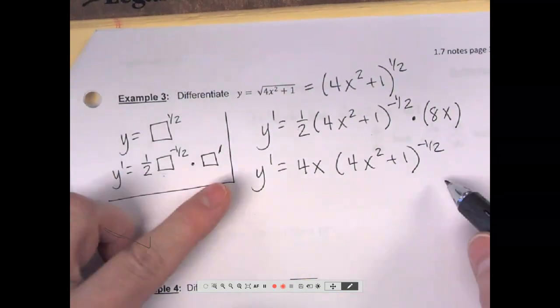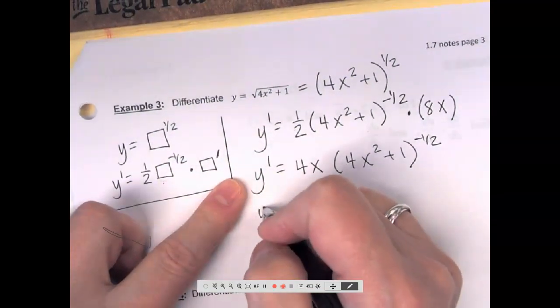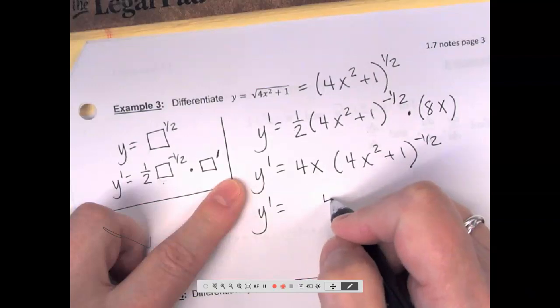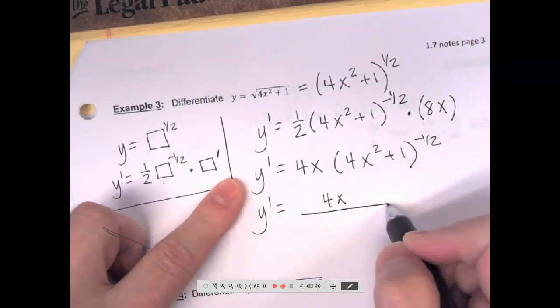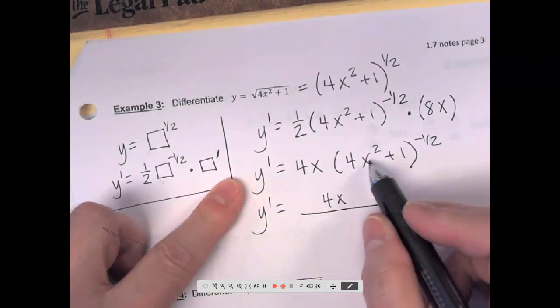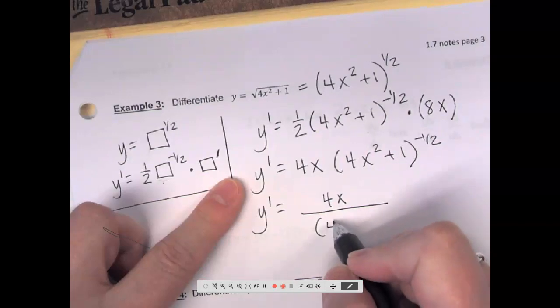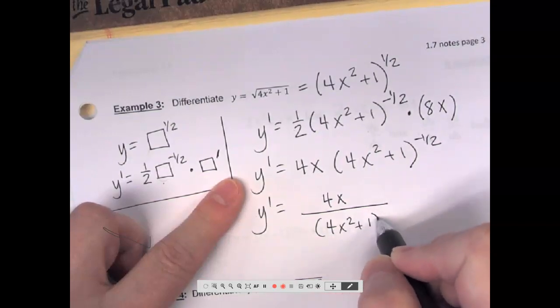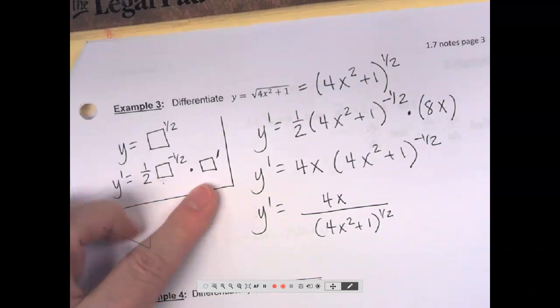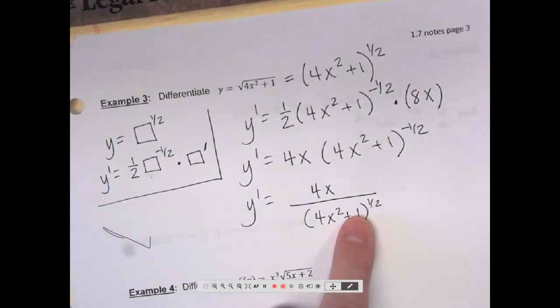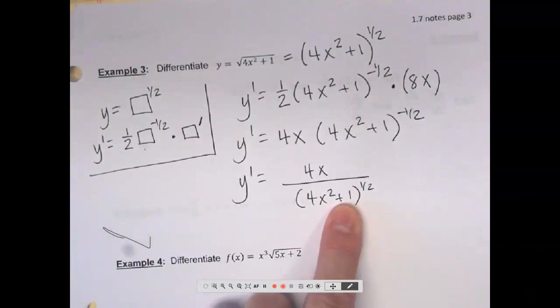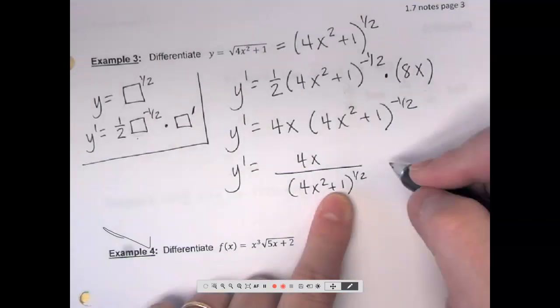The only other way that I might write this answer is leave the 4x, but drop this down, making that exponent positive. And then what's that the same as? A square root.